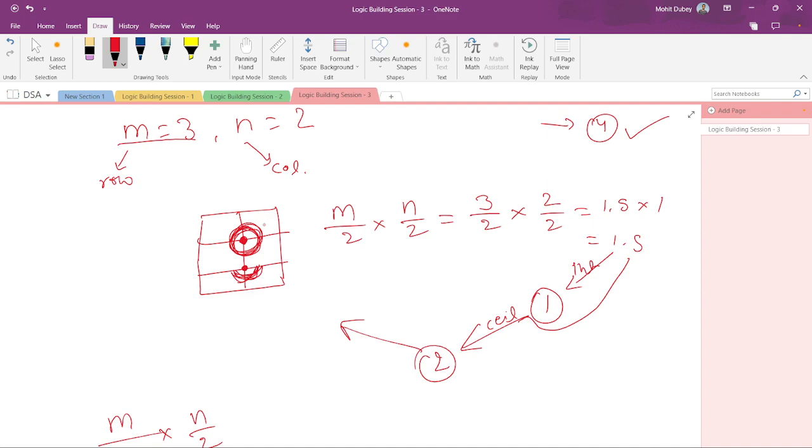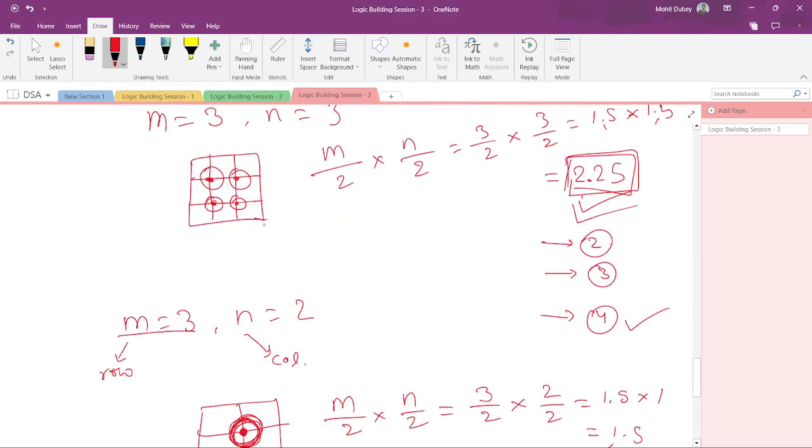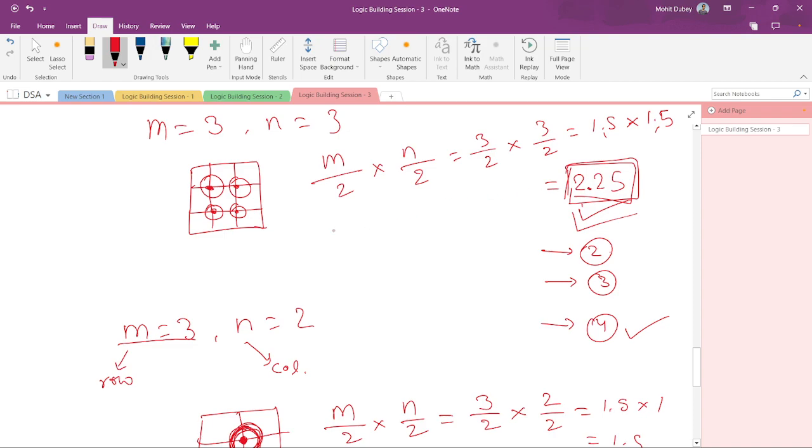That is why we are trying to reduce these odd values into even. So again, if m was 3, plus 1, it is 3 plus 1 by 2 into 3 plus 1 by 2. We just converted the odd value to even. So 4 by 2 into 4 by 2, that is 2 into 2 equals 4, and we are getting the answer.